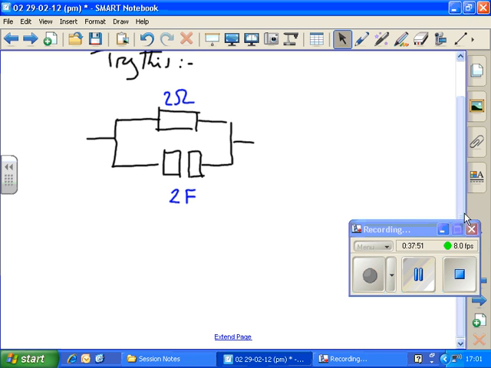So first step, we've got 2 times 1 over 2s over 2 plus 1 over 2s.